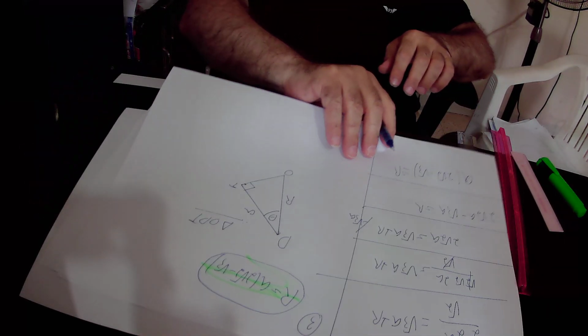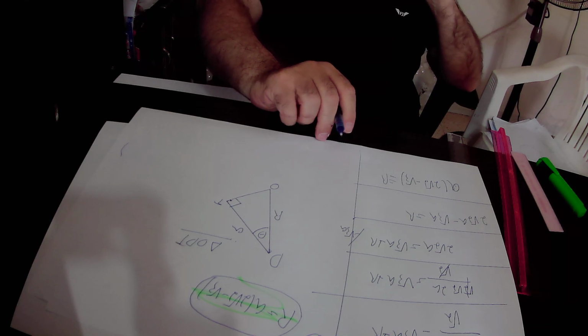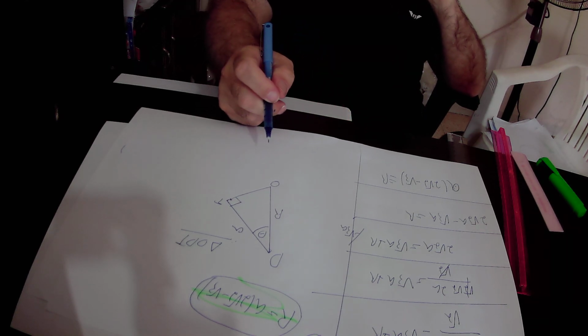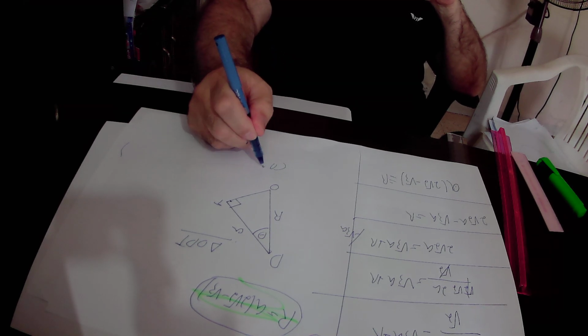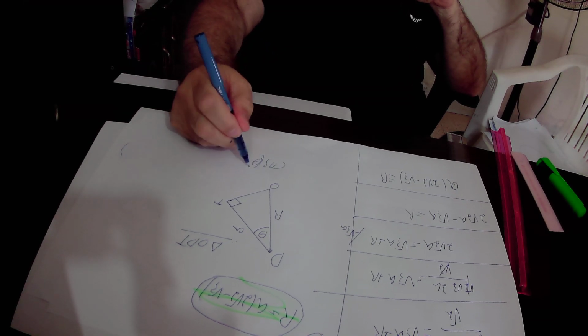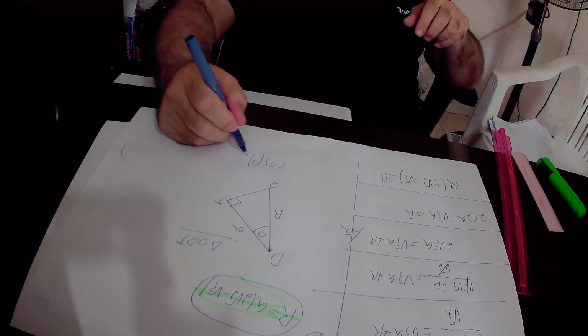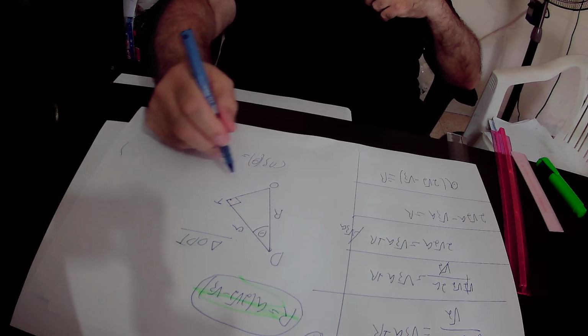So this is actually the right triangle ODT that I copied from the original drawing. In this right triangle ODT, it is very easy to see that cosine theta is equal to DT over DO.